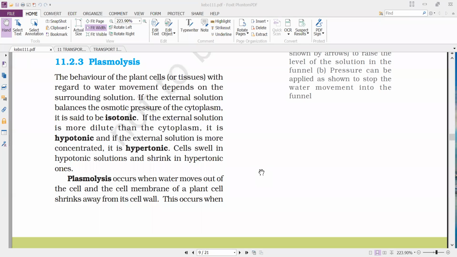But in a hypotonic solution, the net movement is into the cell, that's why we call it endosmosis. In case of a hypertonic solution, the net movement occurs from the cell into the external solution. That's why we call it exosmosis.